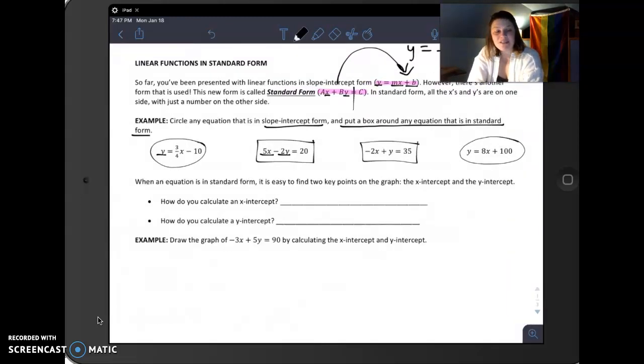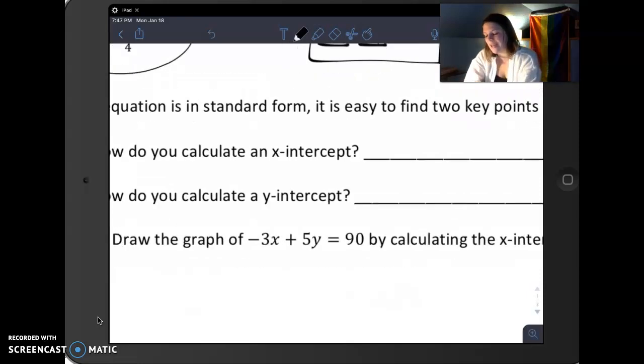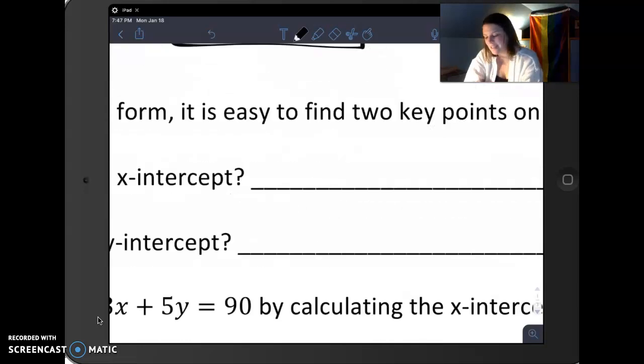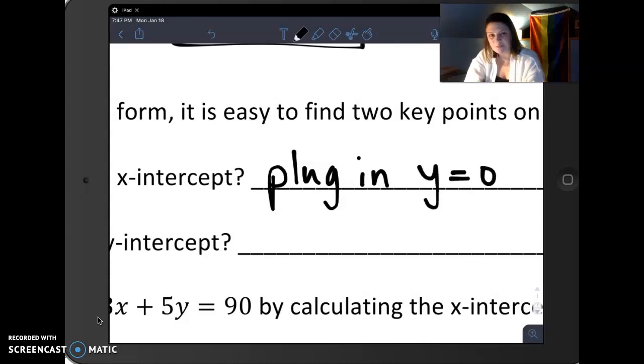Let's get after a couple of examples. We're going to try to find the x-intercept and the y-intercept of equations and then use that to graph. So how do I calculate an x-intercept? This is going to be the same thing for both, just switching the idea. You're going to plug in y equals 0.